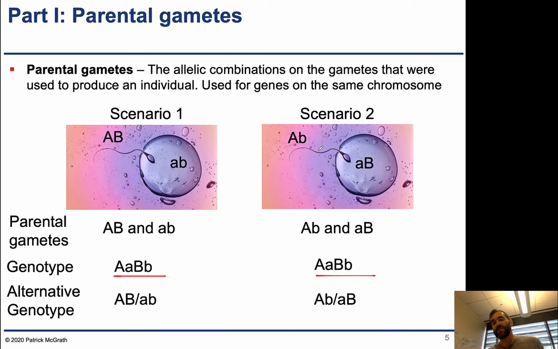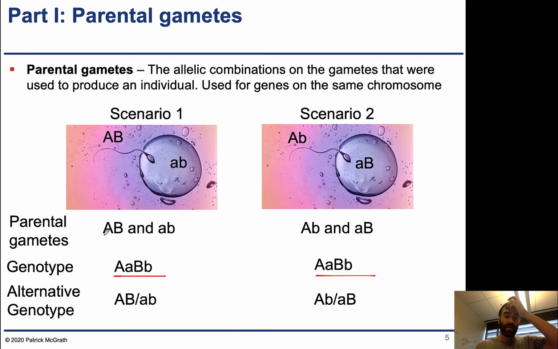But we could also have the situation where my father provided the capital A, little b, and my mother provided the little a, big B. This is important in this chapter because of this idea of physical linkage. In both situations, the genotype is the same, but in one case, the linkage is different.